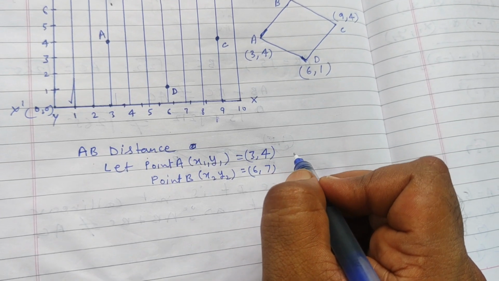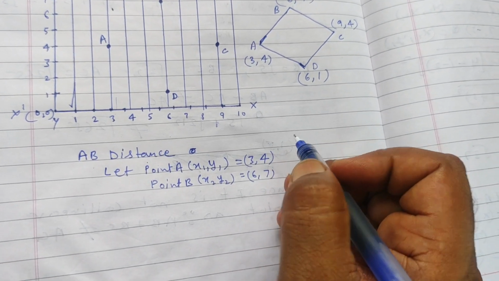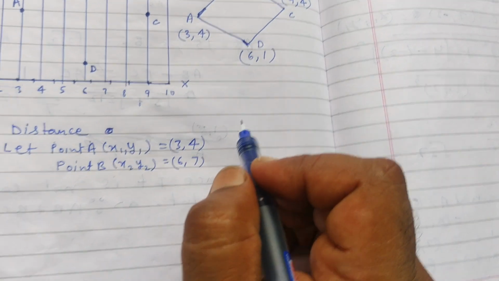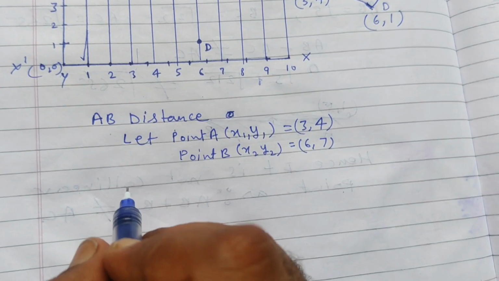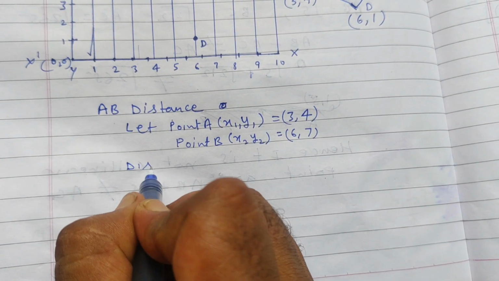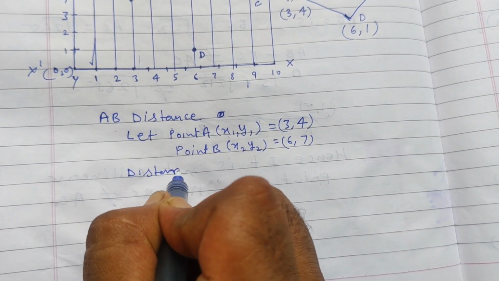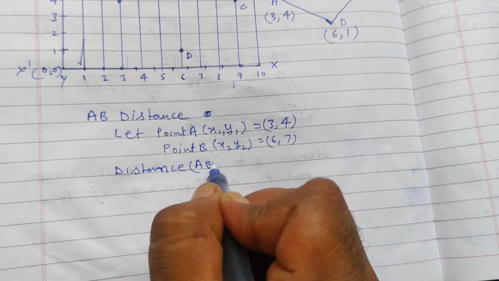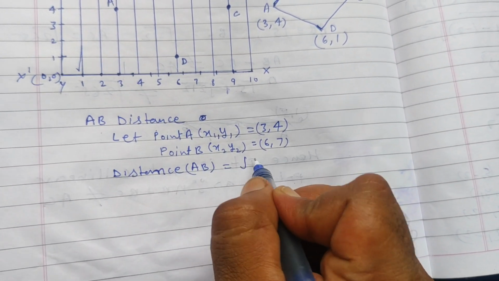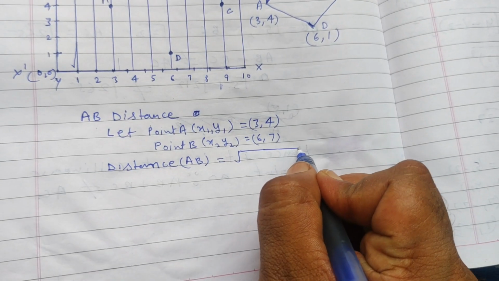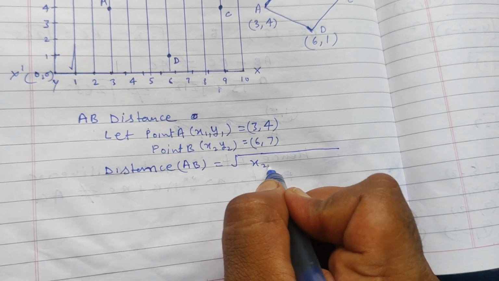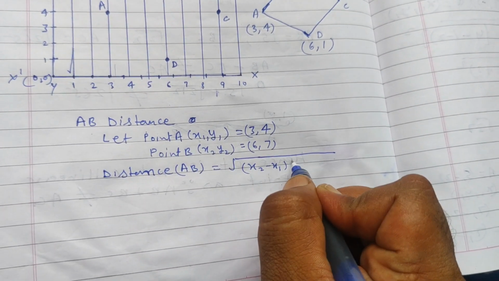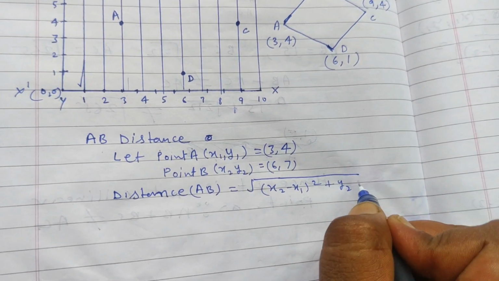So here distance formula AB is the square root of (x2 minus x1) square plus (y2 minus y1) square.